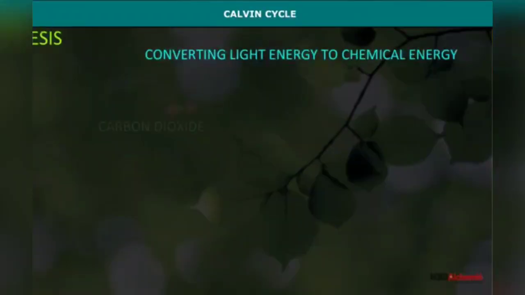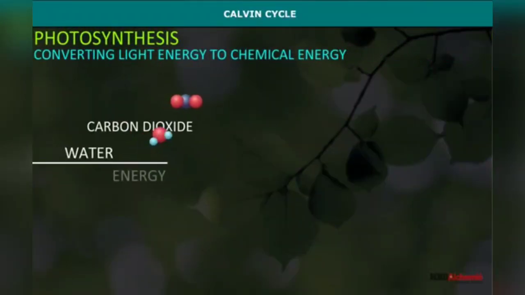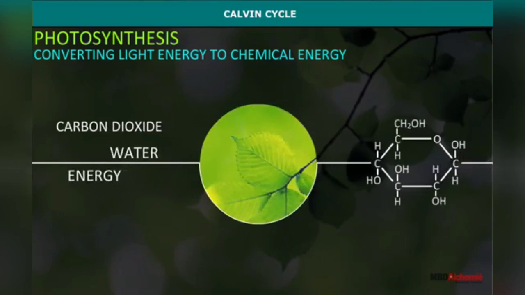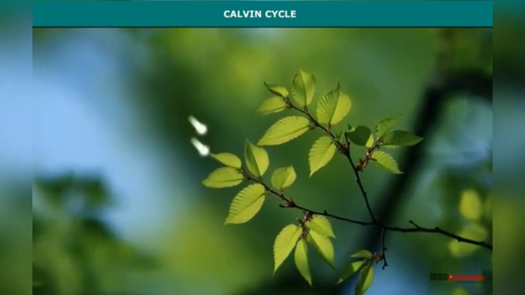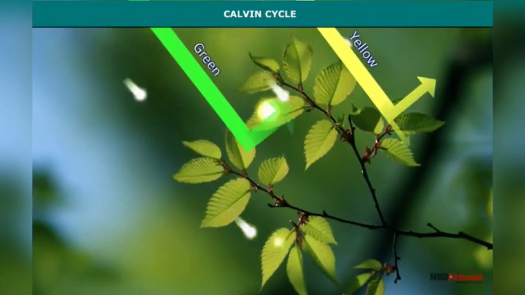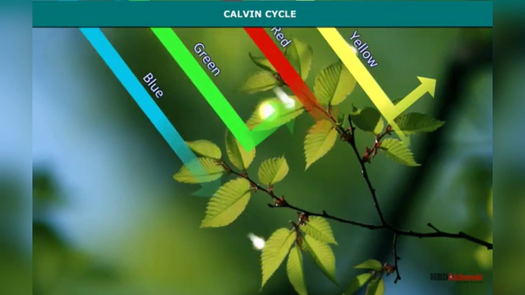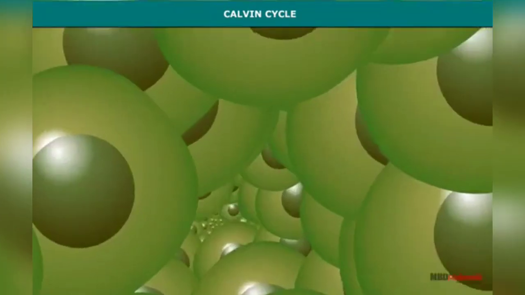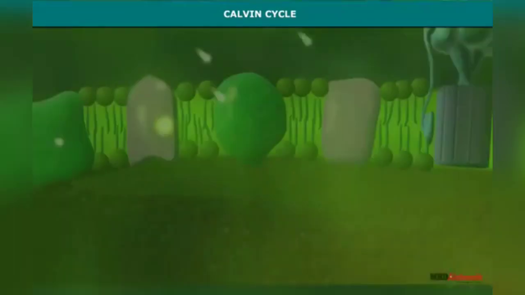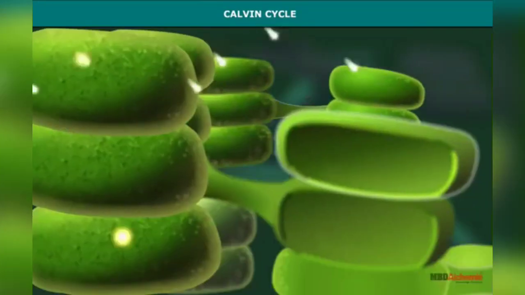Calvin cycle. The process of the Calvin cycle takes place inside the stroma of the chloroplast. It is also known as the light-independent phase. The Calvin cycle consists of a series of reactions that reduce carbon dioxide to produce the carbohydrate glyceraldehyde 3-phosphate.